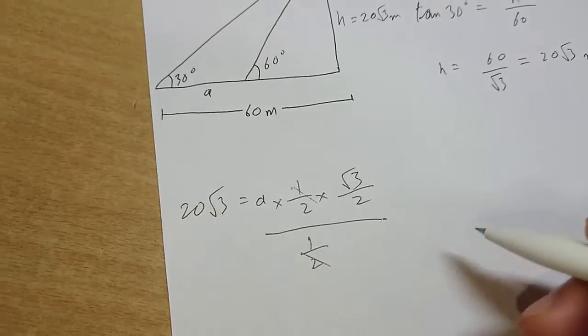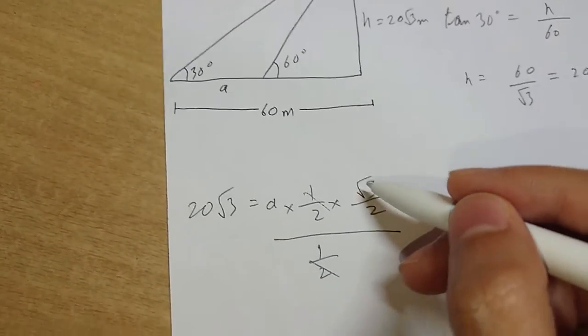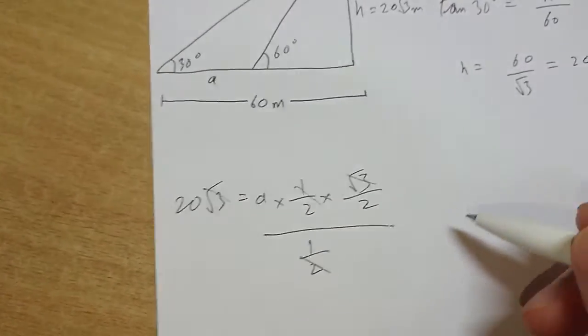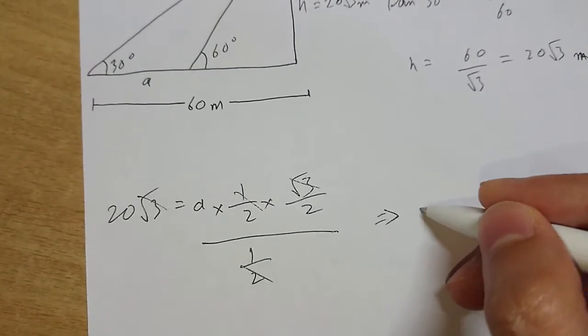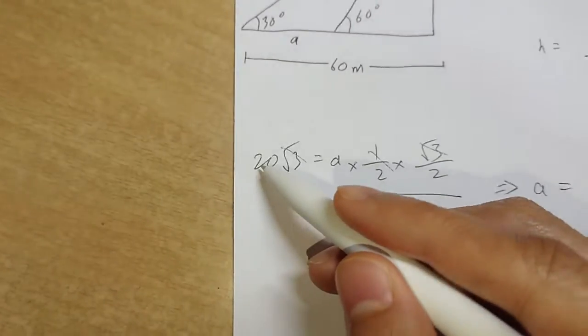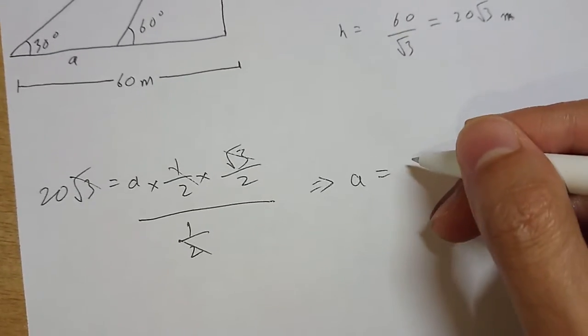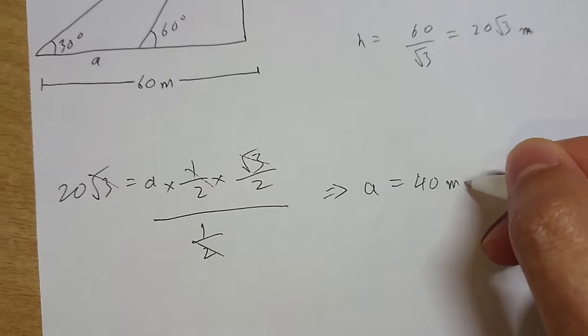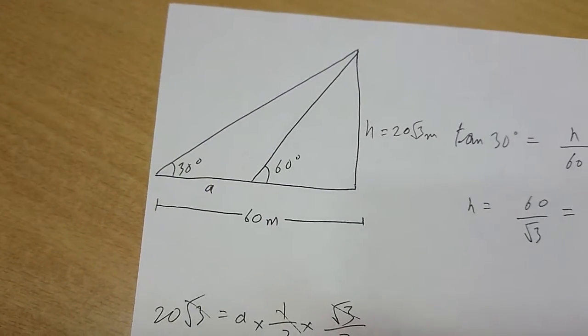These two cancel and square root 3 also cancels out, which gives us A equals this 2 multiplied by this 20. We get A as 40 meters. Okay.